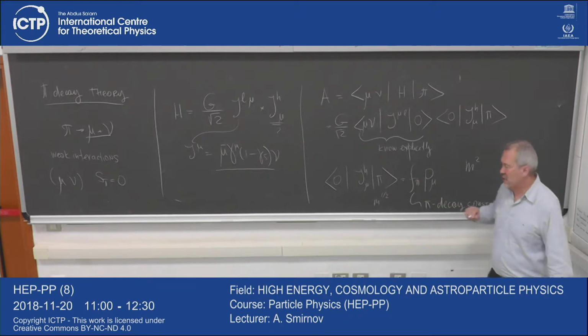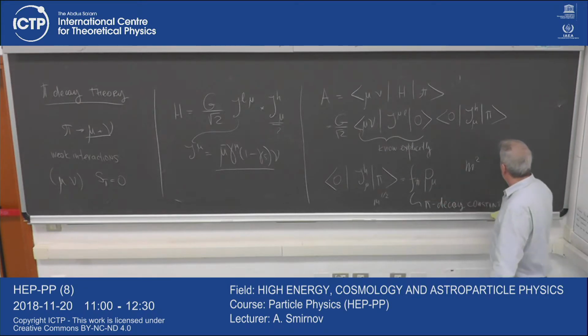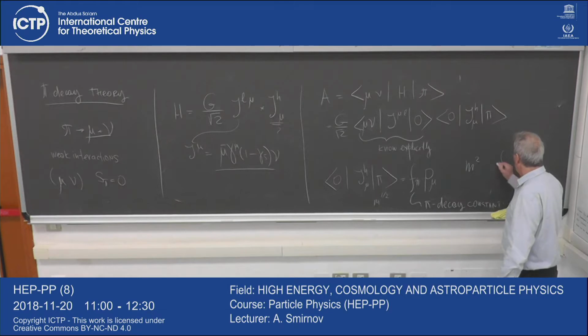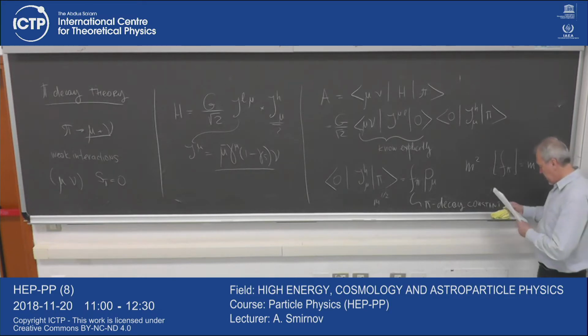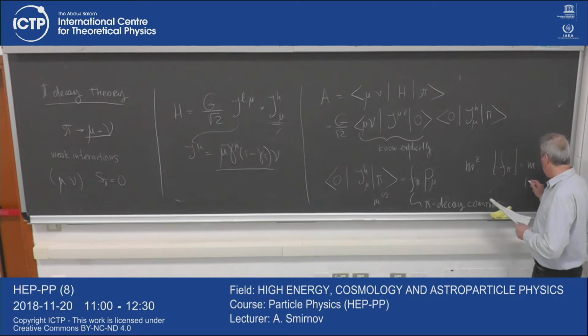And here it should be mass in the square power. So this means that f pi should have dimension of mass. And numerically, it turns out that this is approximately equal to the mass of the pion, something like 130 MeV.